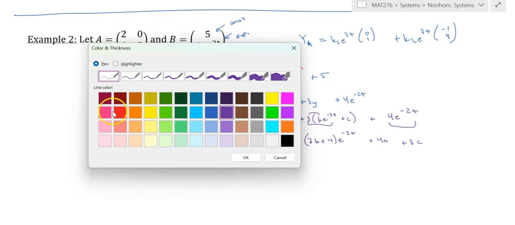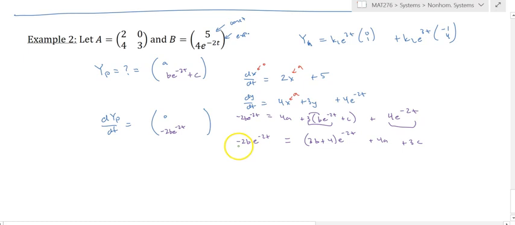Now I can match things up because I can get that constant on the right to cancel out. I know that the negative 2b, the coefficient of e to the negative 2t on the left, has to match 3b plus 4, which is the coefficient of e to the negative 2t on the right. So that means negative 2b equals 3b plus 4.